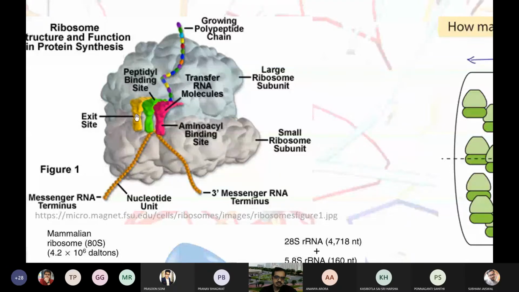This is messenger RNA, these are the transfer RNAs, and in the large and smaller subunits, we have a lot of ribosomal RNAs, rRNAs. So in this overall unit, we have three varieties of RNA itself. Among them, the most short-lived RNA, that means its half-life is minimum, is the messenger RNA.